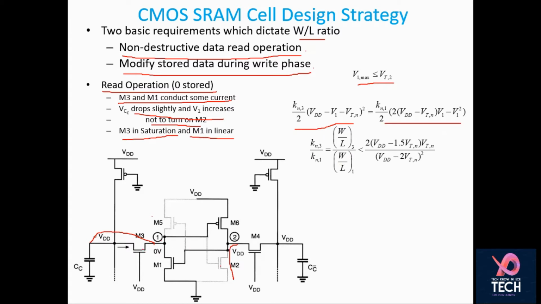To have this particular condition met, the W/L ratio of this transistor over the W/L ratio of this transistor should follow this particular condition. If they follow this condition, then there is no destruction as far as your read operation is concerned.